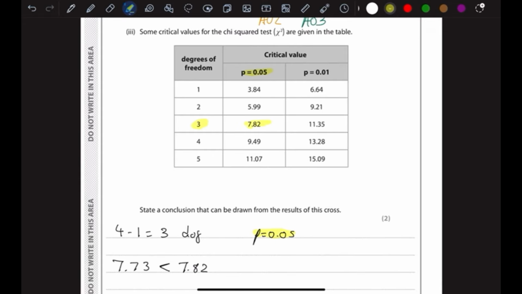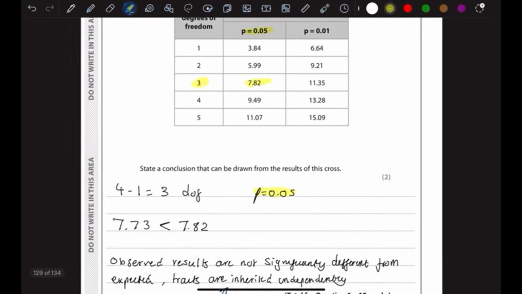Now, here's why we need to know the context. We need to know, okay, our critical value that we had in the last question is less than the critical value here. So the chi-squared value is less than the critical value, meaning that there's not a significant difference between observed and expected results. That's just something that you need to know in all the cases.